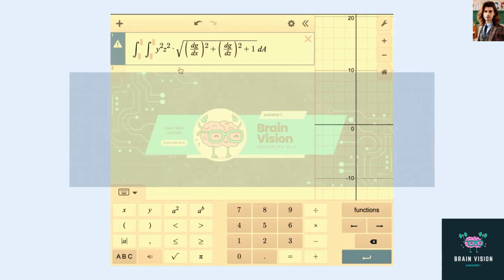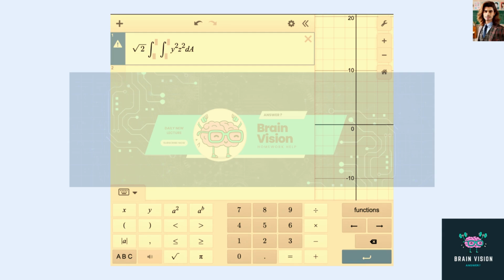And then inside here, once we evaluate these partial derivatives, we'll end up getting 1 plus x squared plus z squared over x squared plus z squared, which will just give us 1. So all of this will eventually just become the square root of 2, which we can move outside. That's what we'll have as a result.